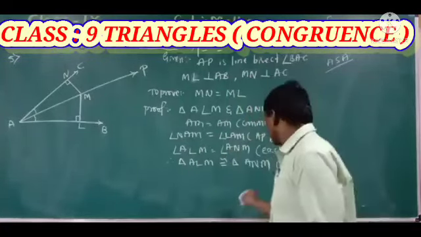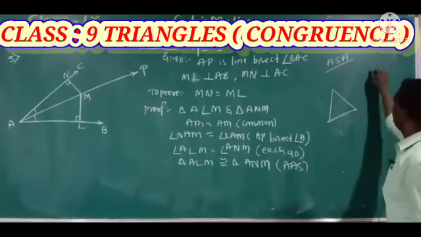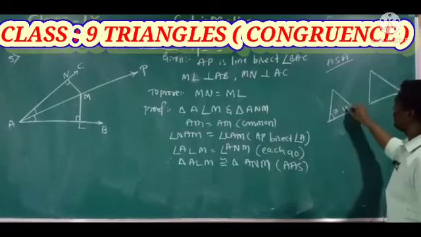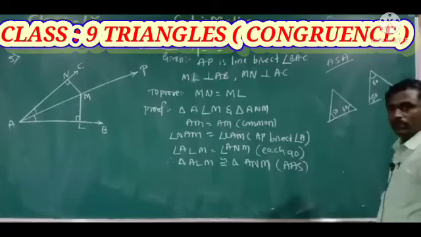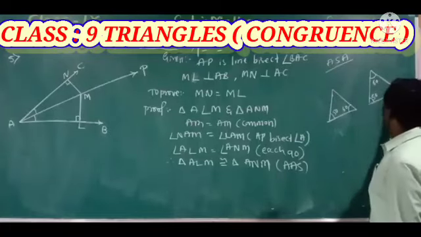For example, if I am taking two triangles, this is 50 degrees and this one is 60 degrees. Here I am taking 60 degrees and this one is 50 degrees. So whether these two angles are equal or not?